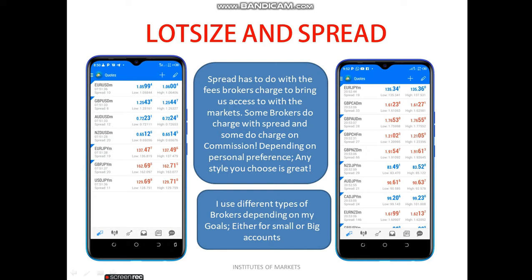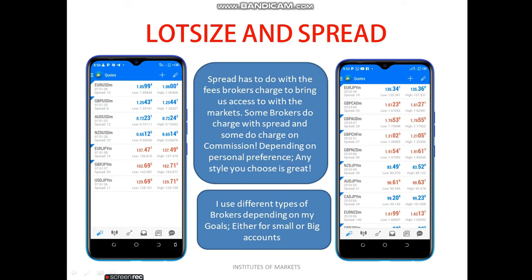The Euro USD spread usually ranges from 0 pip to 1.2 or 1.5. But this is 10, as you can see, which is 1.0.